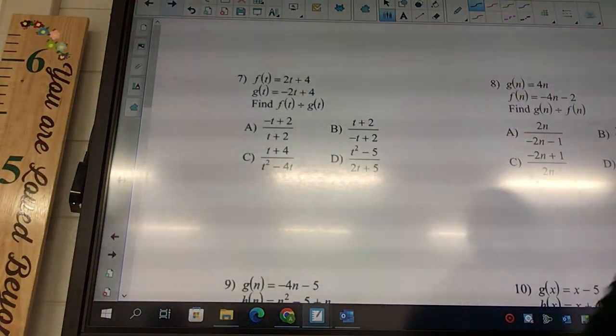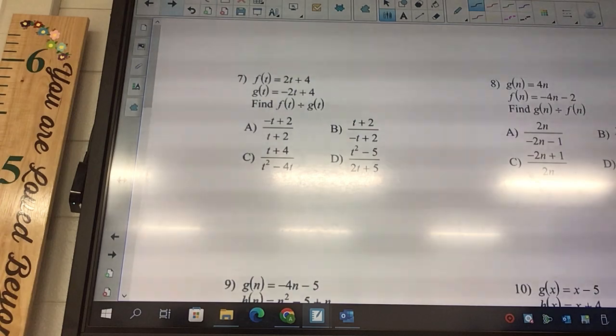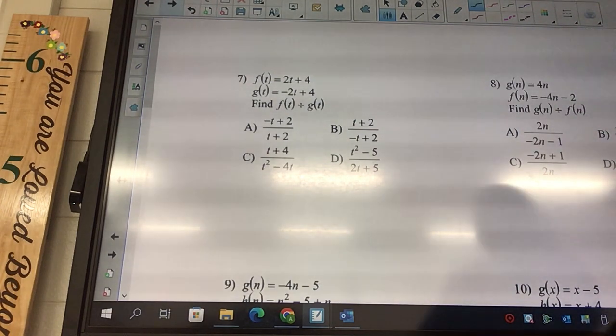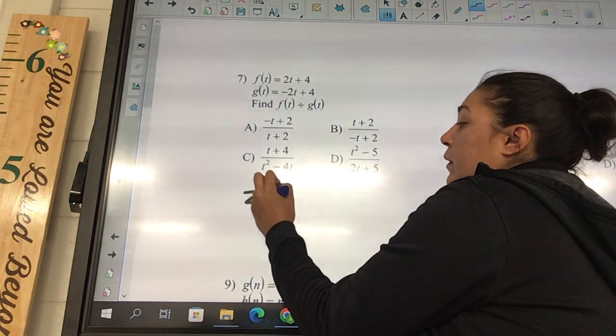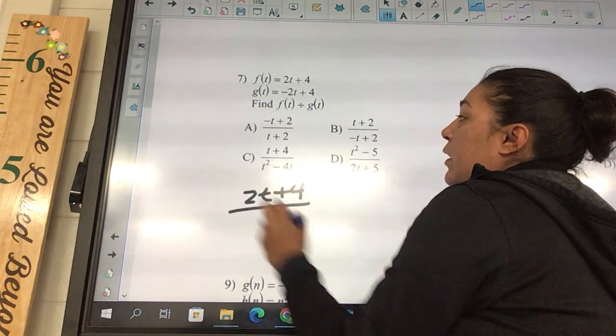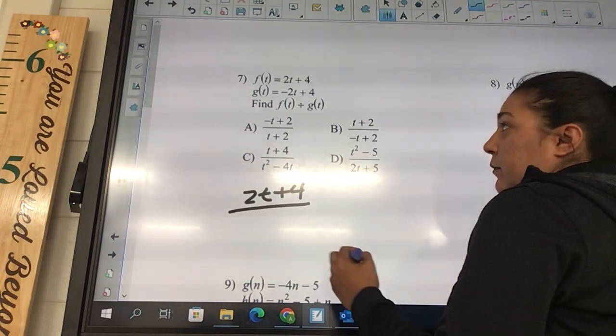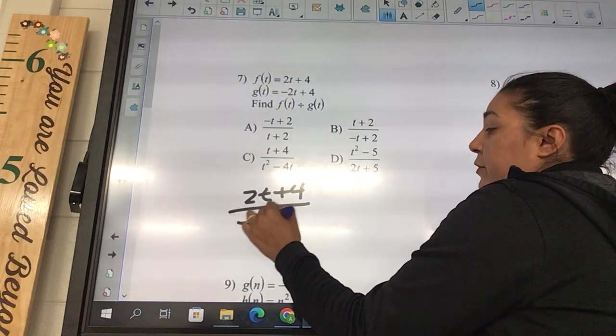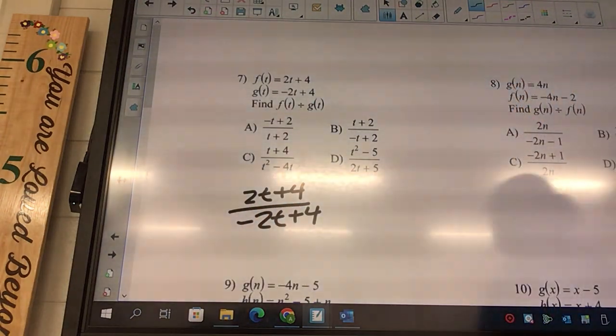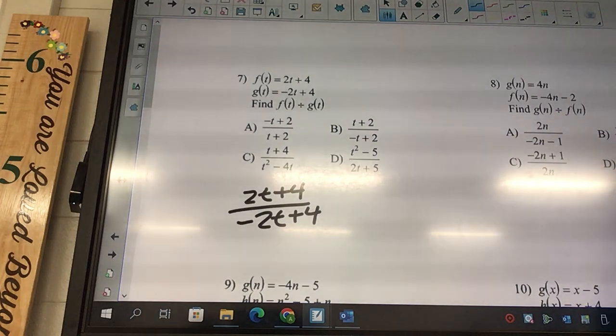Okay, for the division, what's going to be on top? 2t plus 4. 2t plus 4 on the bottom. It's going to be negative 2t plus 4. Is it simplified? Yeah, so on these ones you got to simplify.